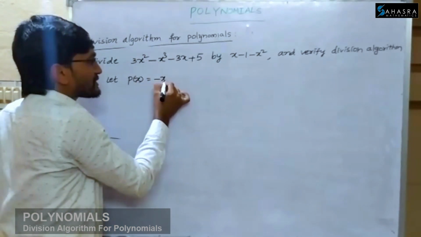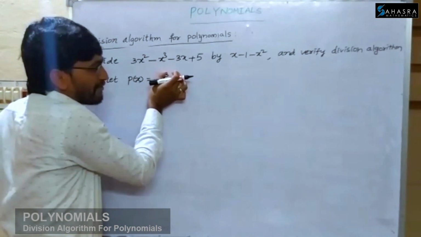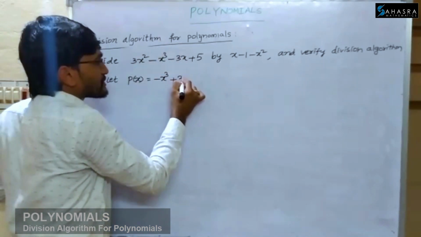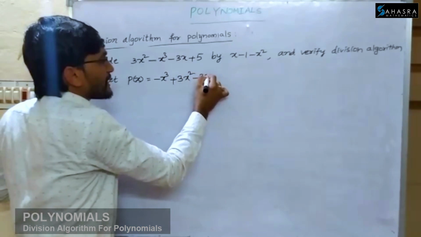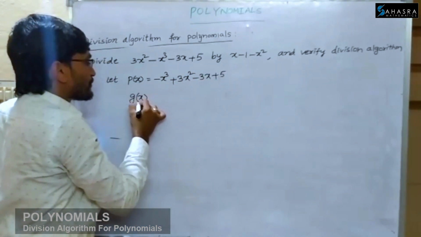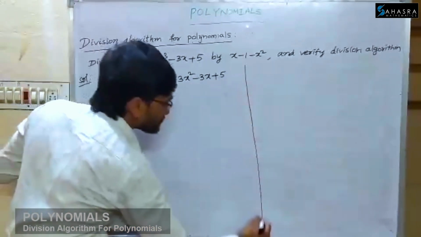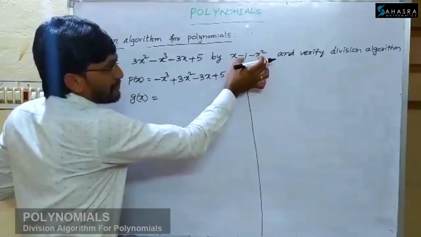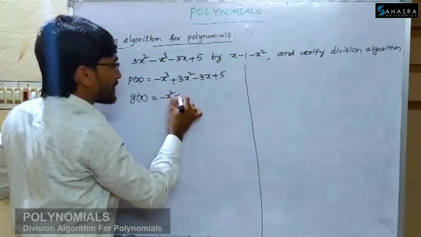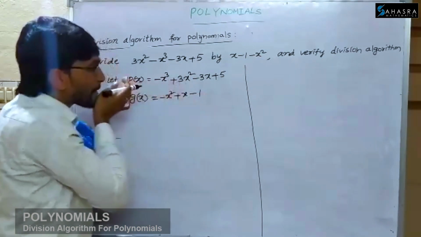Standard form is nothing but writing the powers in descending order: minus x cube plus 3x square minus 3x plus 5. Similarly, g of x also. g of x is equal to x minus 1 minus x square. It is also not in standard form. How to write in standard form? Minus x square plus x minus 1.